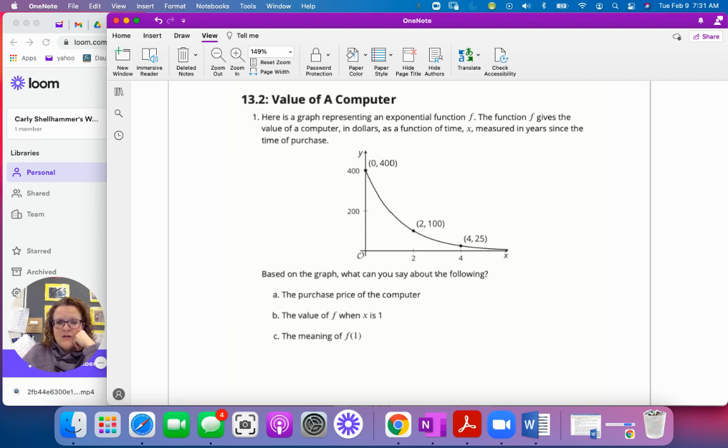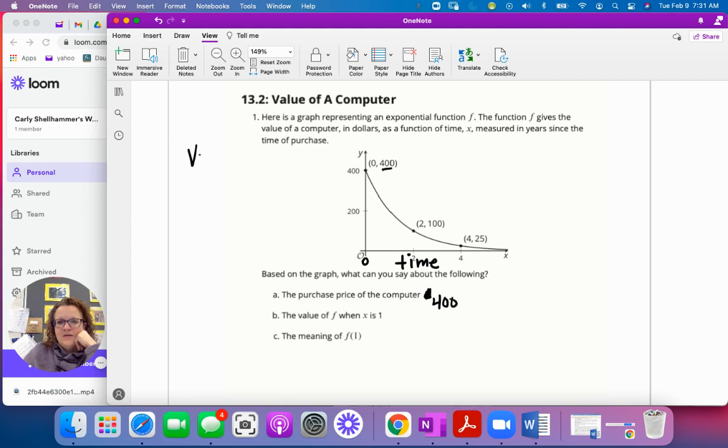Based on the graph, what can you say about the following? So the purchase price of the computer at time, this right here is our input, which is time. It is independent. It's our domain. So that's years since the time of purchase. So here I have time equals 0. So at time equals 0, my purchase price was $400.